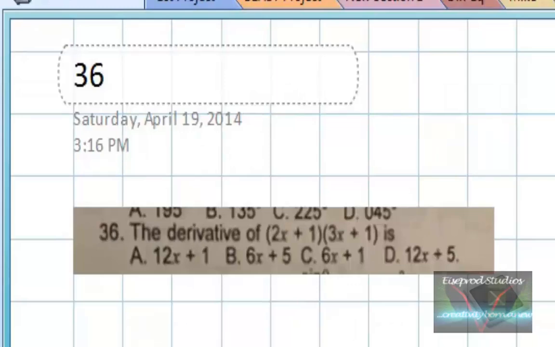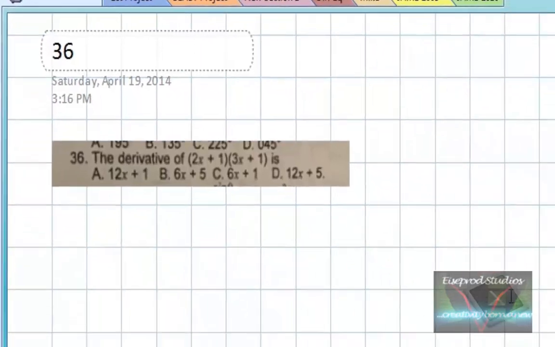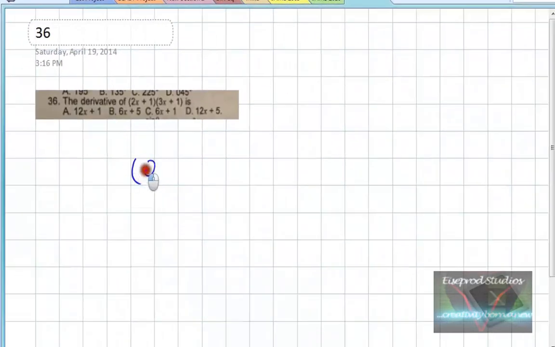So question 36 wants us to find the derivative of the quantity 2x plus 1 and the quantity 3x plus 1 multiplied. So here we have 2x plus 1 and 3x plus 1.